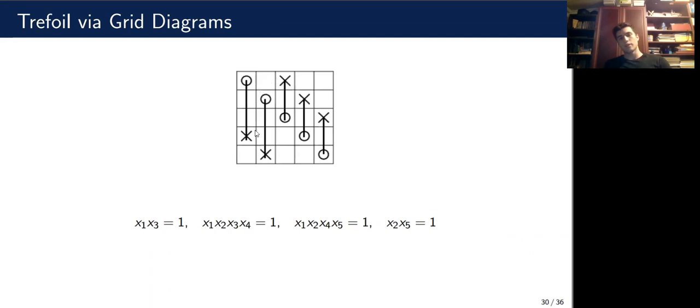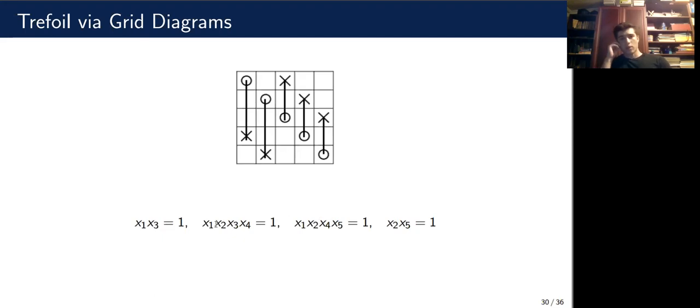Only the first and third meet that line, so the first relation will be x1 times x3 equals 1. If you look at the vertical segments that meet the second line, there are 4 of them. So the second relation is x1 times x4 equals 1, and the other ones are computed similarly.